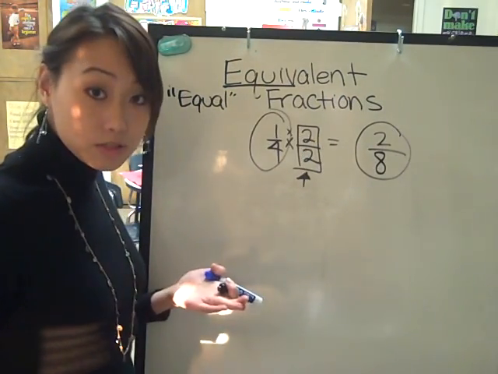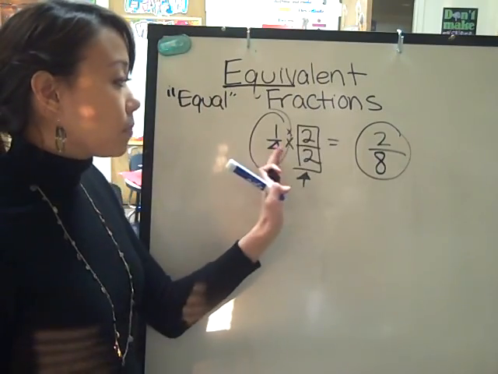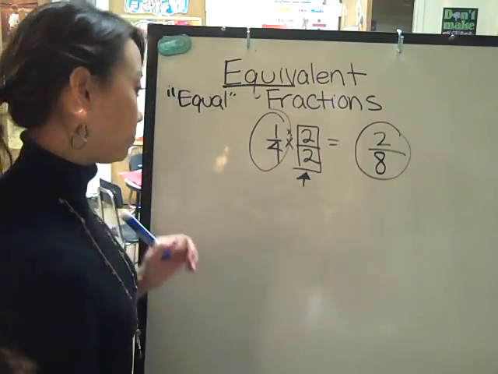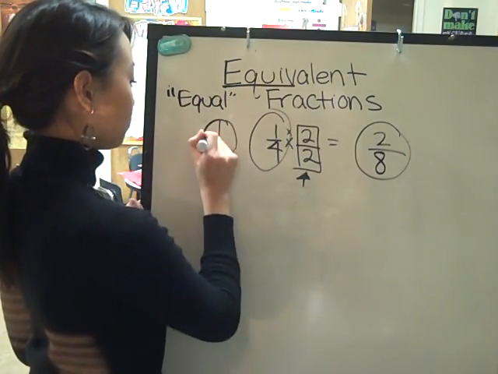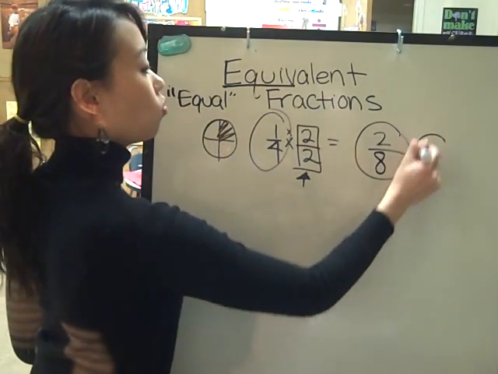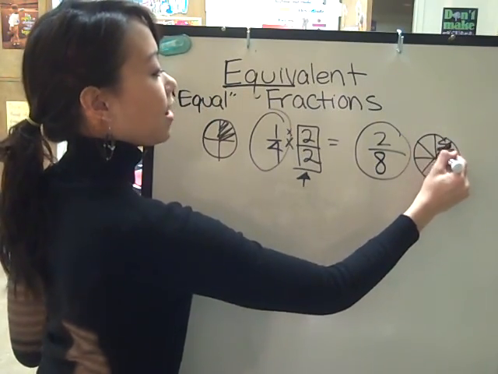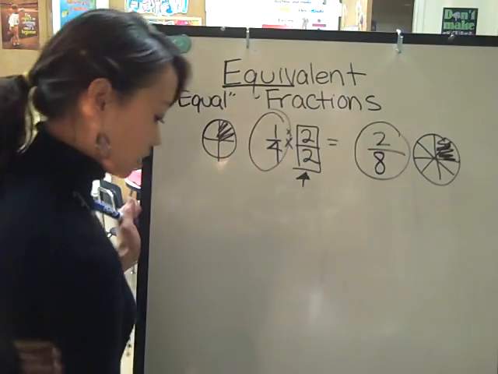Now I have doubled, made my recipe a different number, 2/8 instead of 1/4, but they're still equal. They are still worth the same amount. And that's exactly what an equivalent fraction is. Okay, let's try another one.